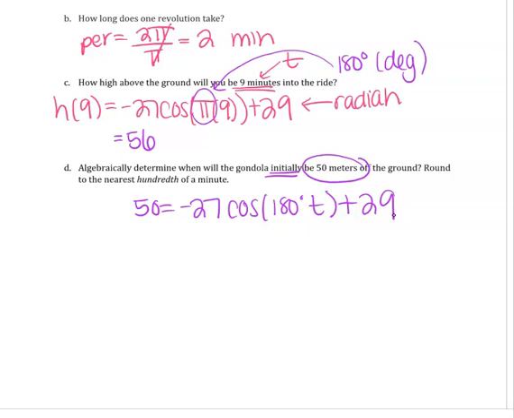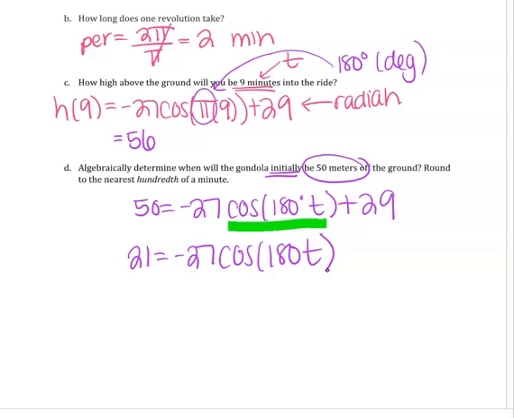I want to solve for t. So first thing I'm going to do is try to isolate my cosine function by subtracting the 29, and that gives me 21 equals negative 27 cos of 180t. So that means I can divide by negative 27 and get 21 over negative 27.